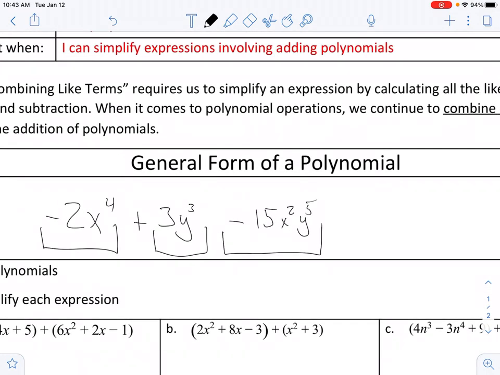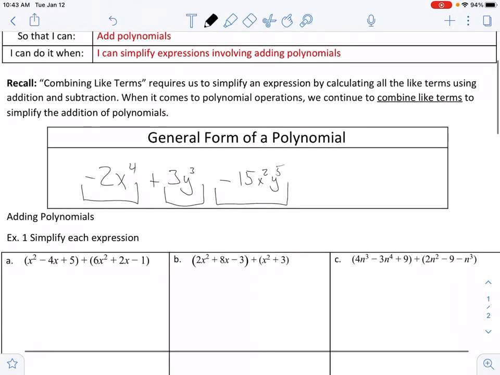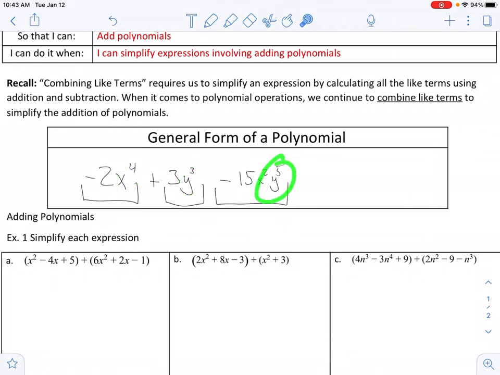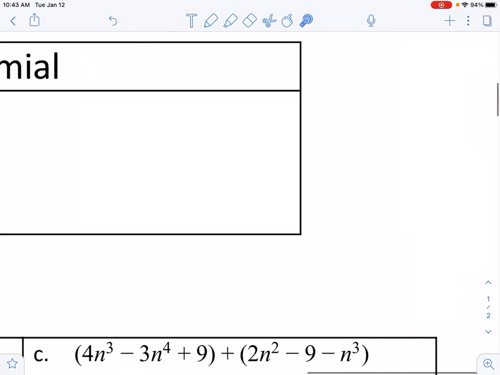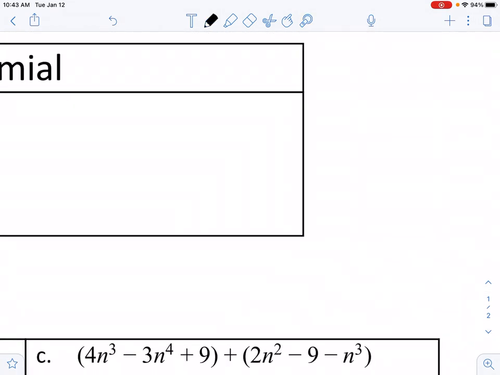When we're looking for like terms, what we're looking for are identical variables and exponents. So for example, 2x to the fourth plus 3x squared plus 7x to the fourth minus 14x squared.